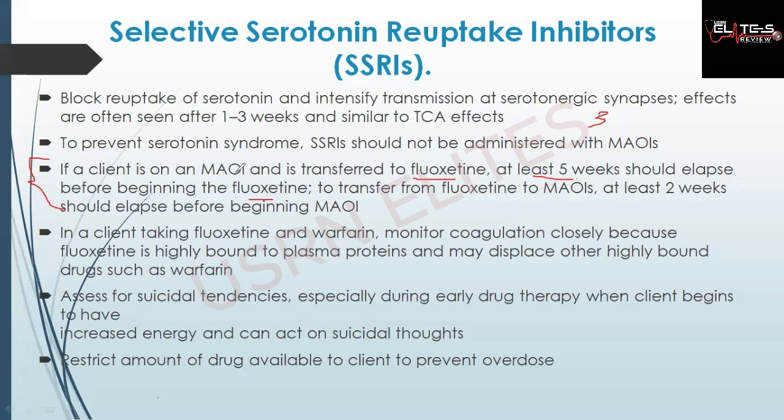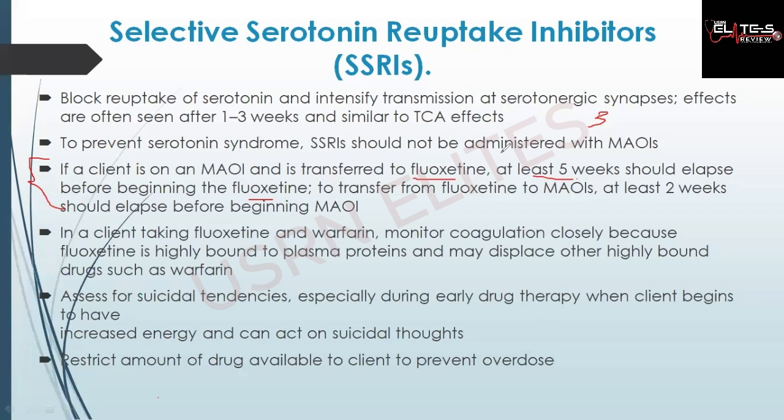So if a client is on a monoamine oxidase inhibitor and is transferred to fluoxetine, at least 5 weeks should elapse before beginning the fluoxetine. Now, to transfer from fluoxetine to monoamine oxidase inhibitors, at least 2 weeks should elapse before beginning. So what does it tell you? It means monoamine oxidase inhibitors have a longer effect.